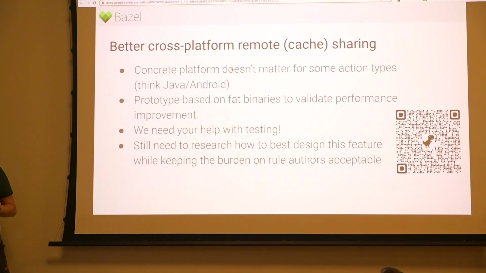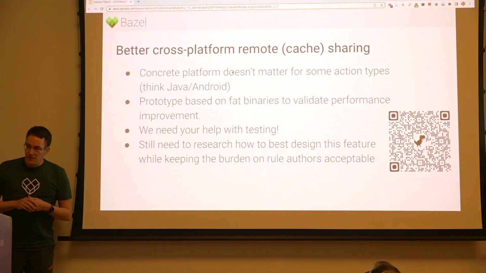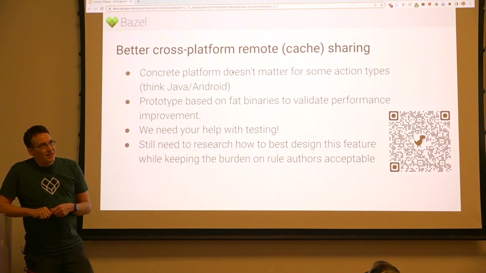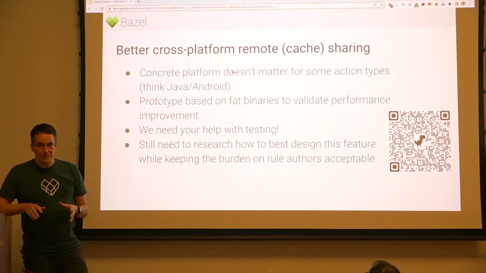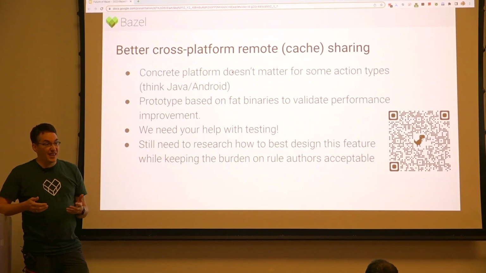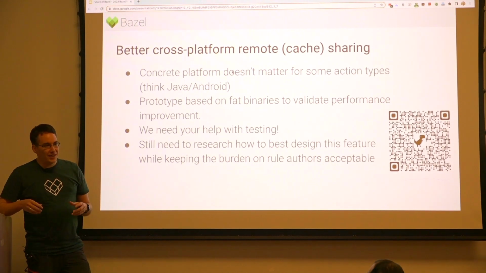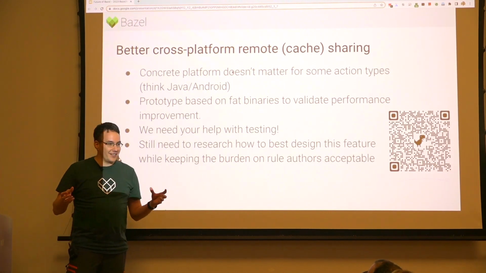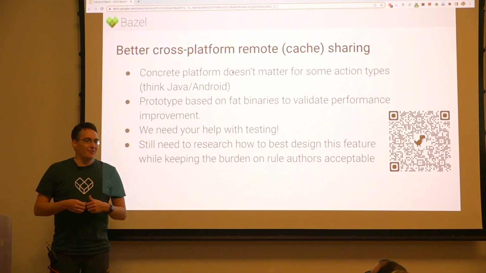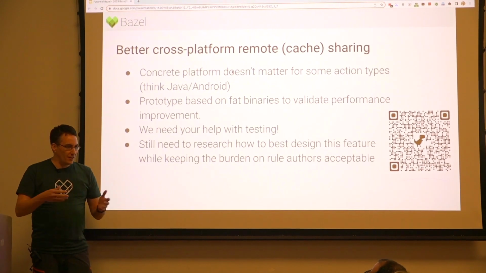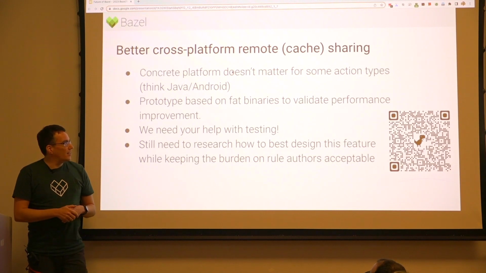So what we came up with is, well, this is really a hard problem. We first need to prototype this somehow to validate that this is actually helpful. So Tiago wrote a prototype based on fat binaries. Basically, your tool chain is 2-in-1, and then we select the right tool chain wherever the action is executed.